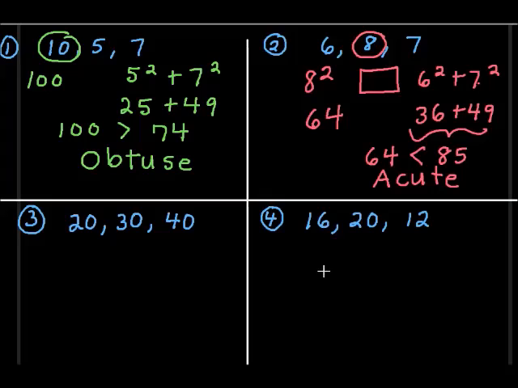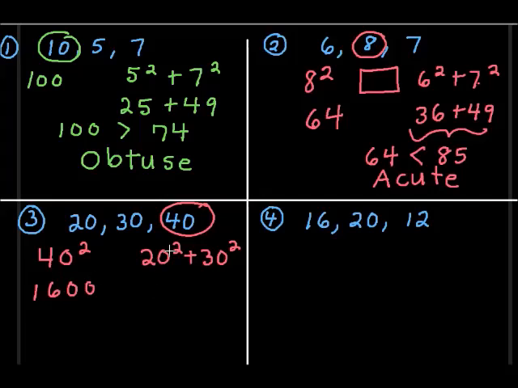Notice I didn't even really have to draw a triangle. Sometimes it's helpful to sketch it, but you really don't need to. Here I've got a 20, a 30, and a 40. In this particular case, 40 is my biggest side, so I'm going to square it first. I'm going to compare it to 20 squared plus 30 squared. 40 squared is 1600, and 20 squared is 400, and 30 squared is 900.